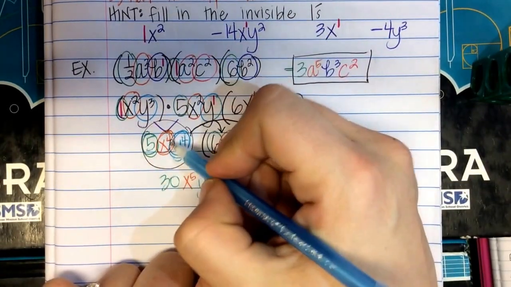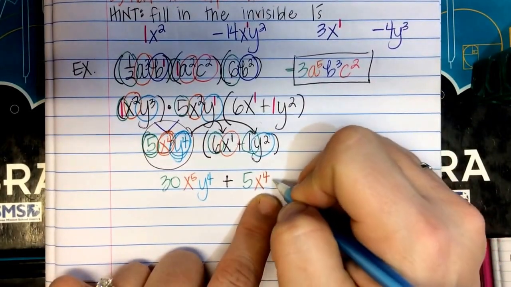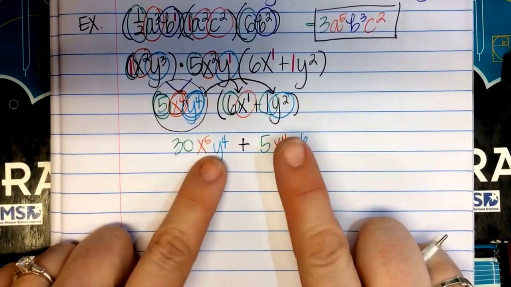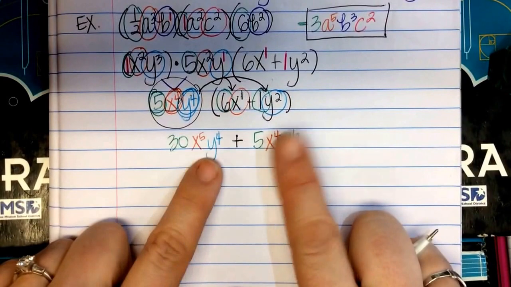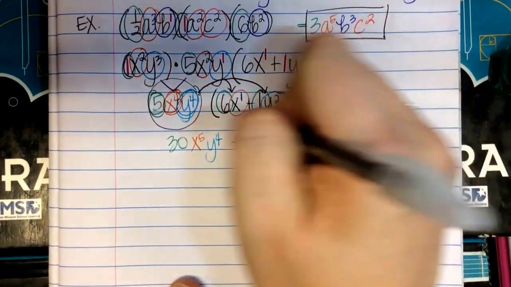Y to the fourth times y squared is y to the sixth. Can these now get added together? Are they exactly the same? Do they have exactly the same exponent? No, so we're done. This is my answer.